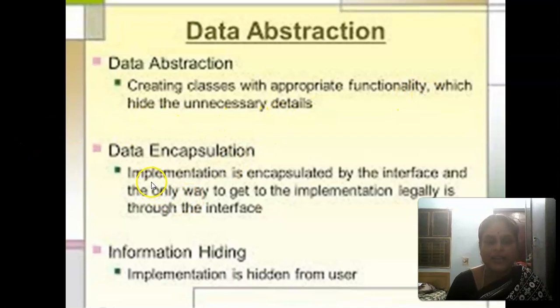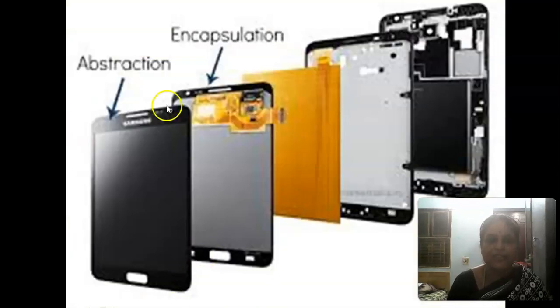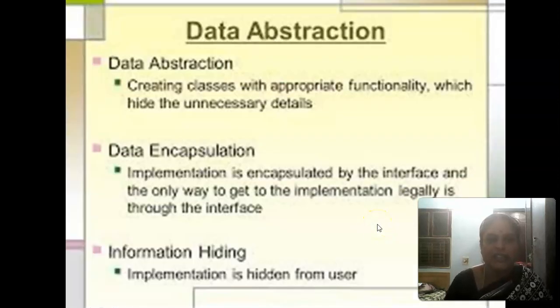Data encapsulation means the implementation is encapsulated by the interface, and the only way to get to the implementation legally is through the interface. Information hiding: implementation details are hidden from the user.